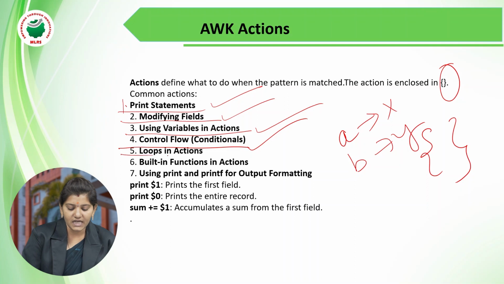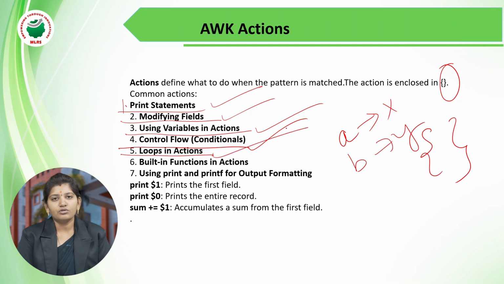And loops in actions. As we already know, looping is the repetition of statements. So repetition means we perform a particular task n number of times until the condition becomes false.